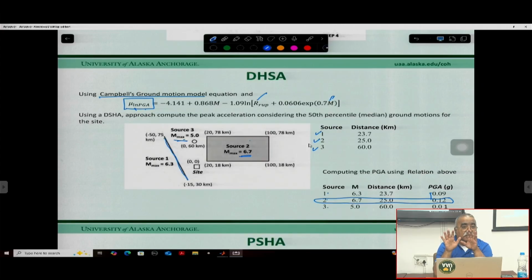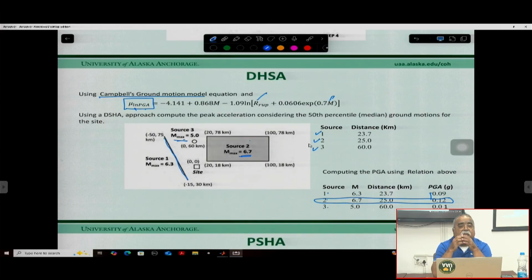If you give the magnitude and the distance, it will calculate the time series. It will not do anything else. But here, what we are doing is calculating the peak ground acceleration or the spectral acceleration based on the actual happening earthquake.